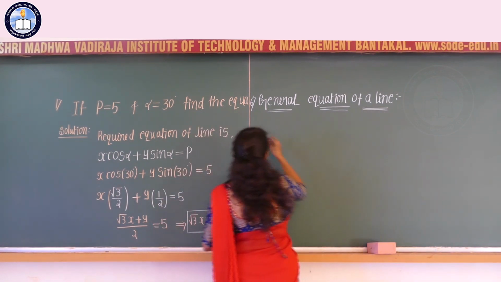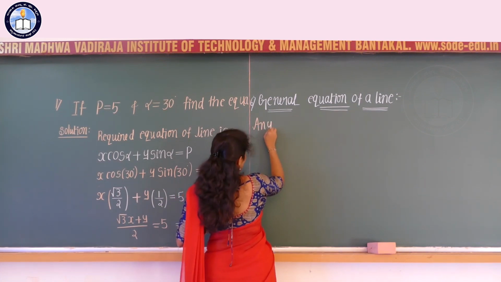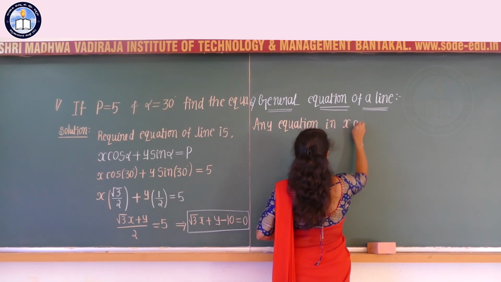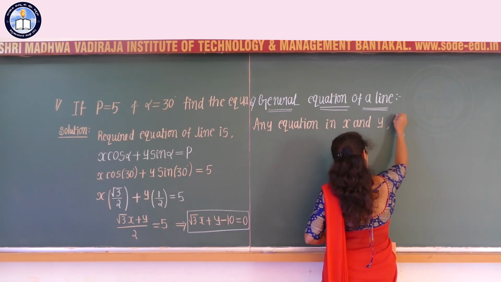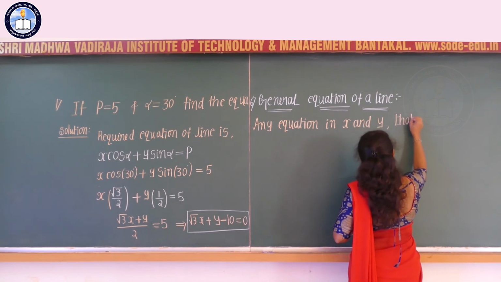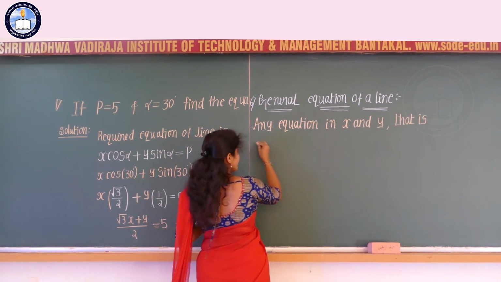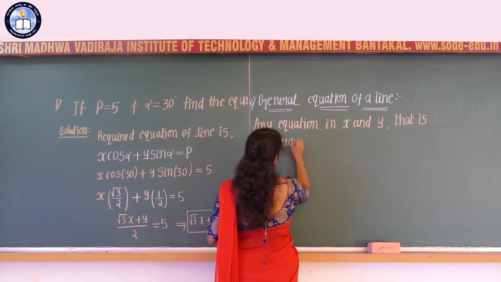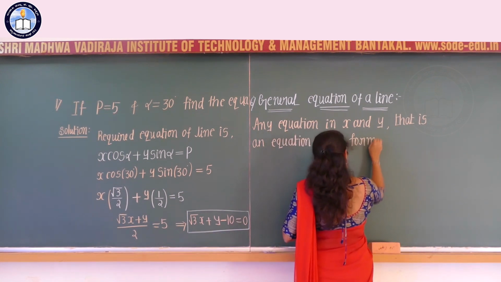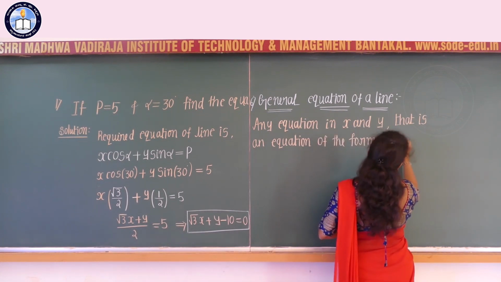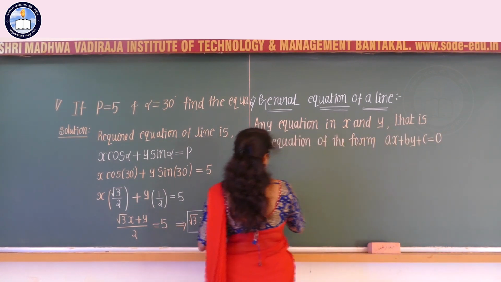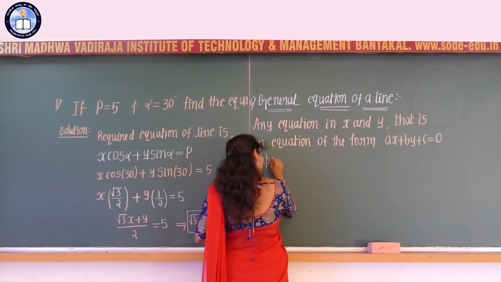General equation of a line means any equation in x and y, that is an equation of the form a into x plus b into y plus c is equal to 0, represents a straight line.